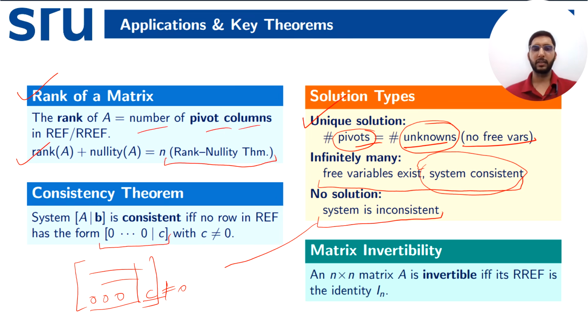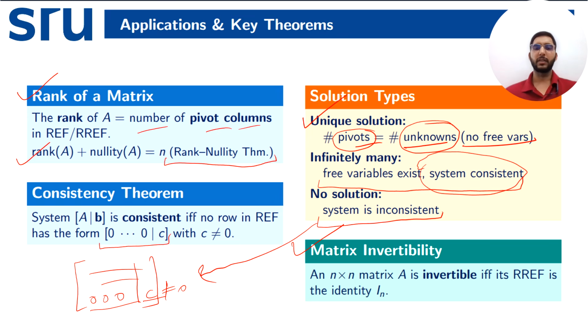Just like I discussed here, where one row is completely zero and it is equal to some constant. The last one is matrix invertibility.